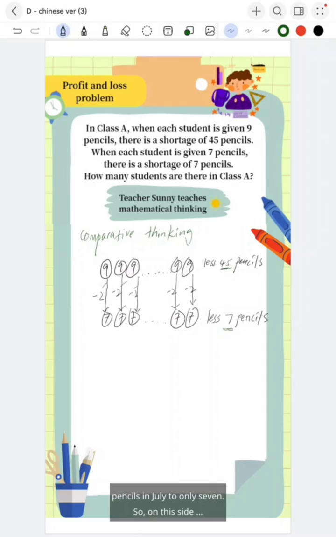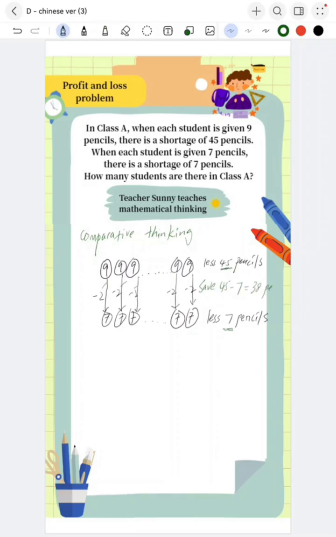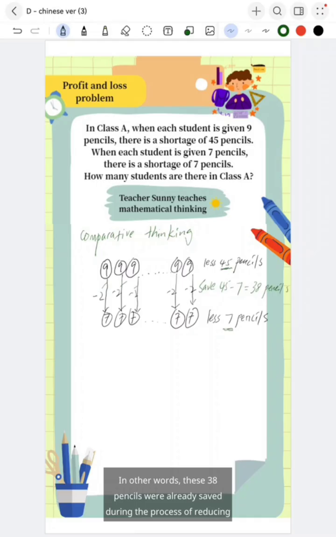So, each time, every person saved 2 pencils in their allocation. So, how many pencils were saved in total? That is, a total of 45 minus 7, which equals 38 pencils were saved. In other words, these 38 pencils were saved during the process of reducing the allocation from 9 pencils to 7 pencils per person.